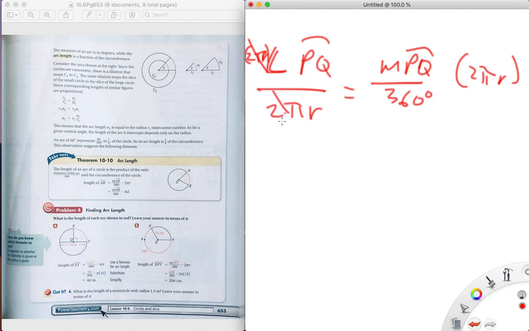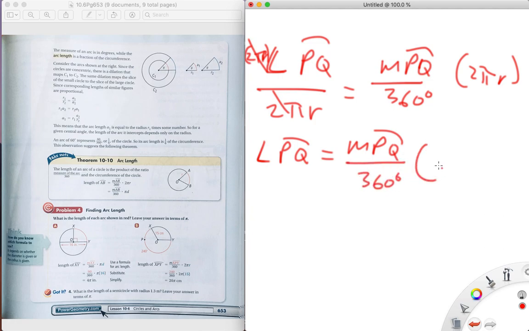They cancel. So my length of PQ is equal to the measurement of PQ in degrees over 360 degrees times 2 pi r. And that's the equation that we get for the length, the actual measurement units of that same part of the circle. And we call that arc length. And that's theorem 10.10.